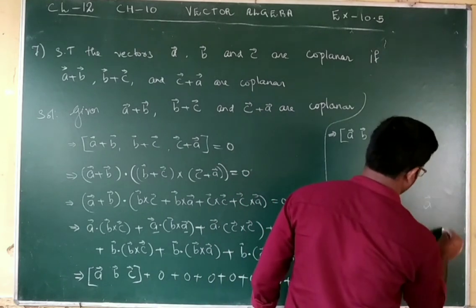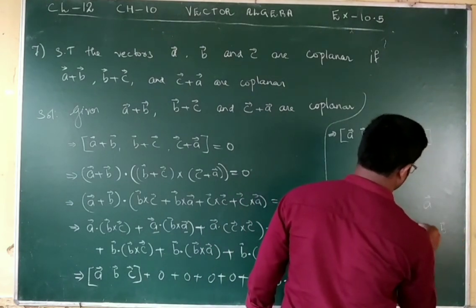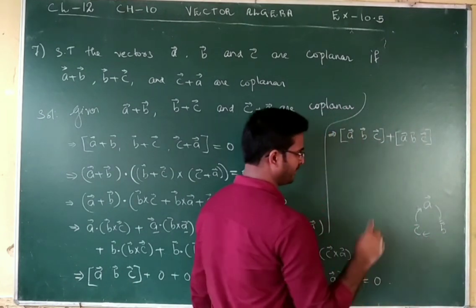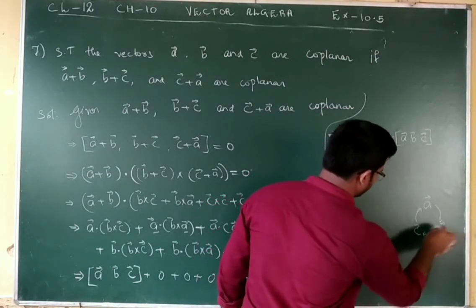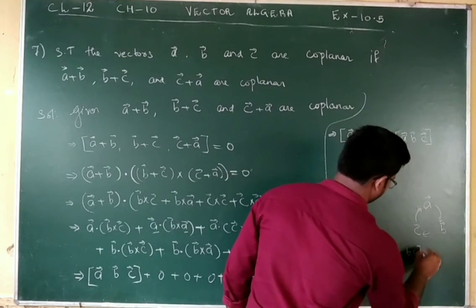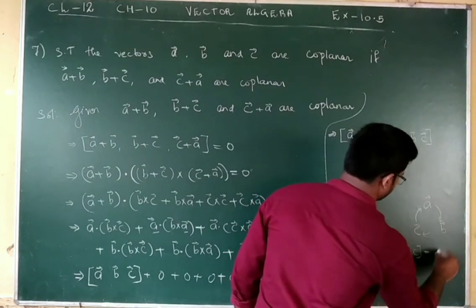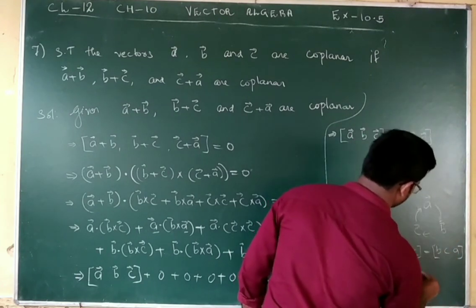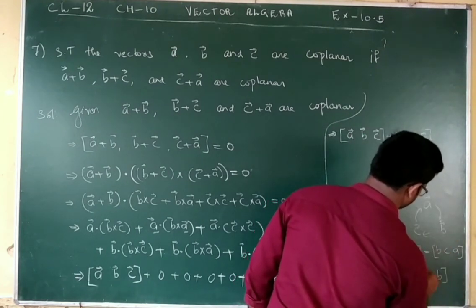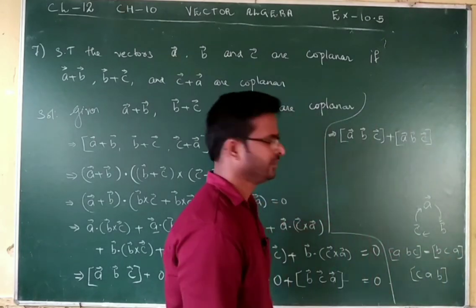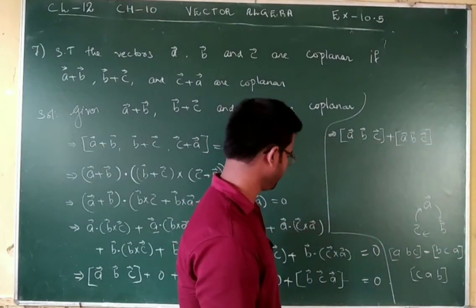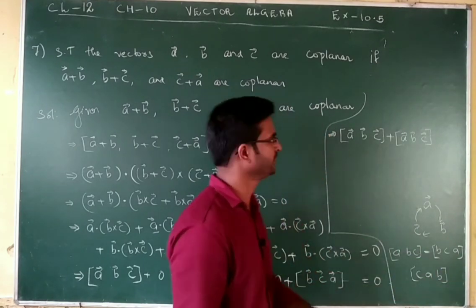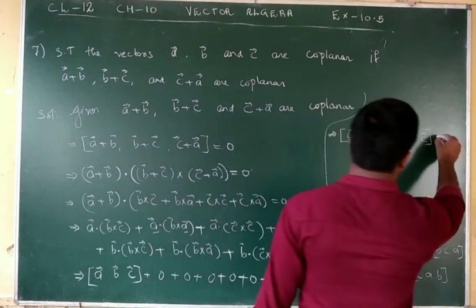Already you have studied this: A, B, C is like one cyclic permutation, isn't it? That time we have written A B C equal to, start from here, B C A, then last C A B. These three scalar triple products are equal. Then B C A, you can see B C A and A B C are equal, isn't it? Then equal to 0.